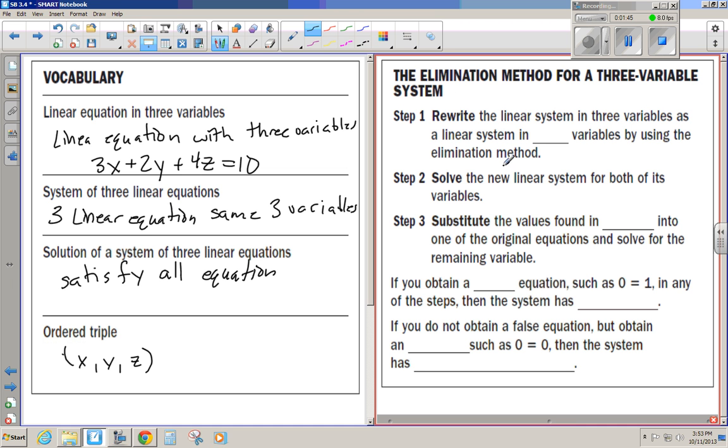You're first going to rewrite the linear system in 3 variables as a linear system in 2 variables by using the elimination method.